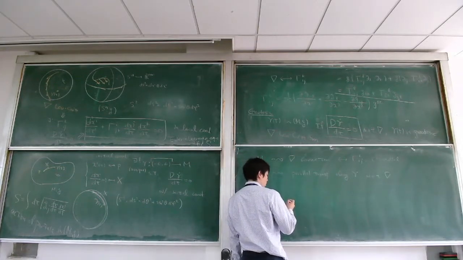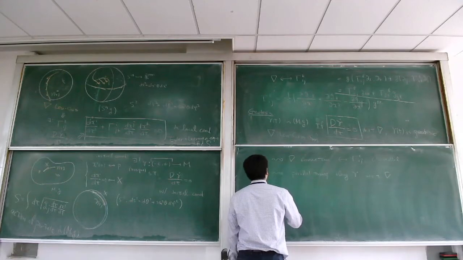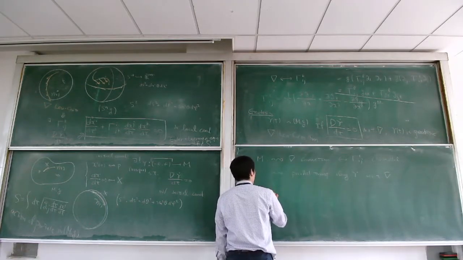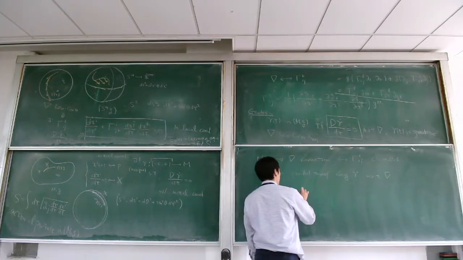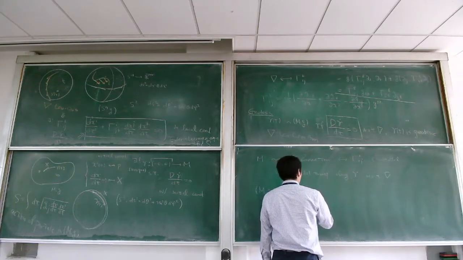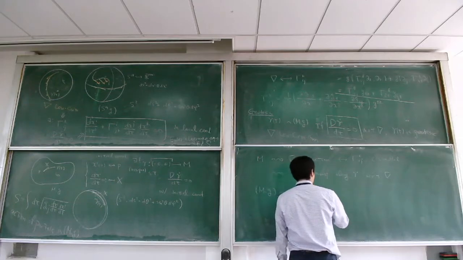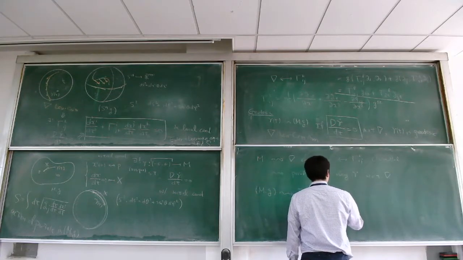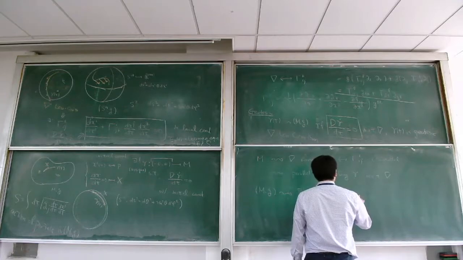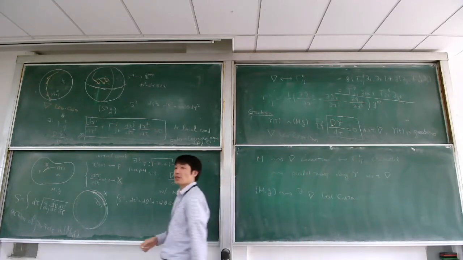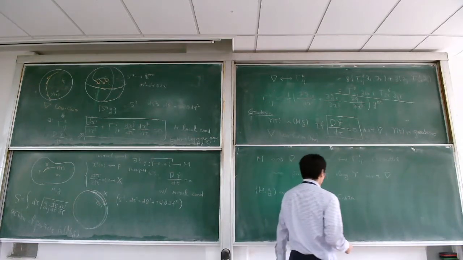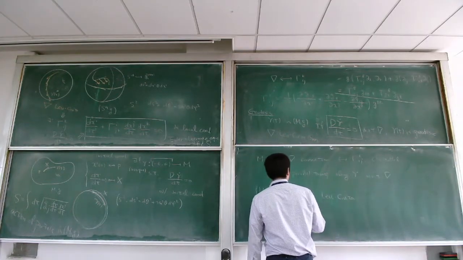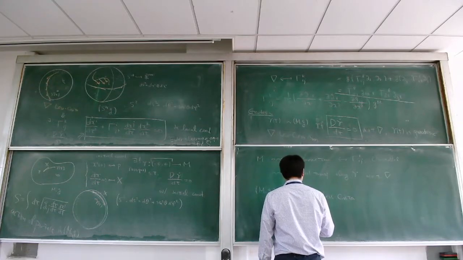And then also, given a Riemannian manifold, you can have a unique connection that is compatible with the metric, the Levi-Civita connection. Okay. Then one can define the notion of geodesics.